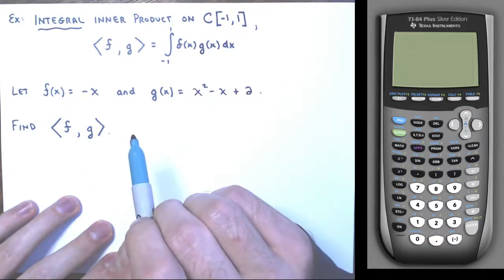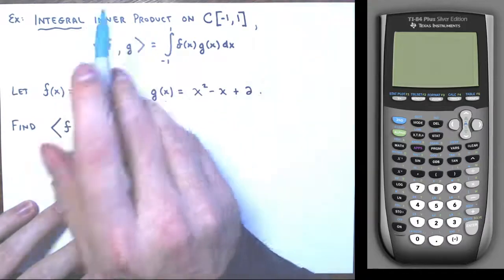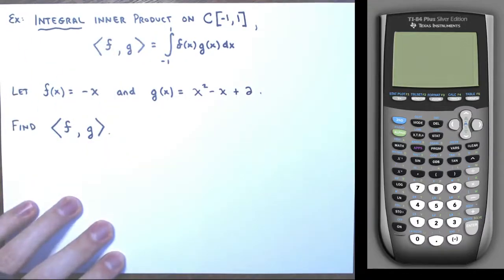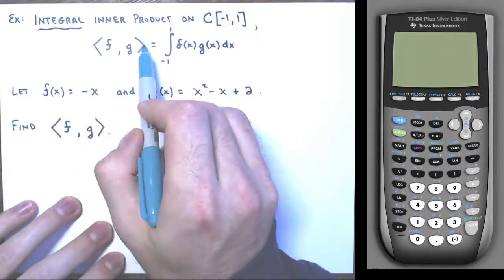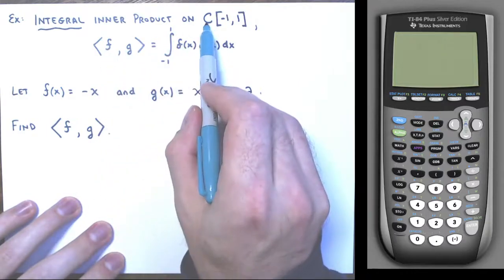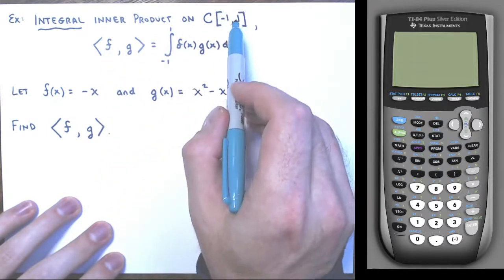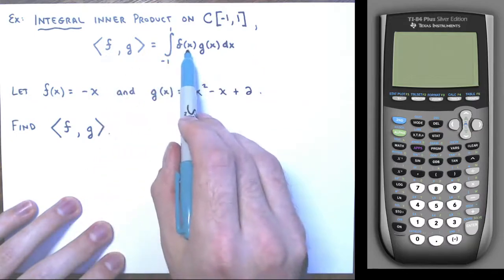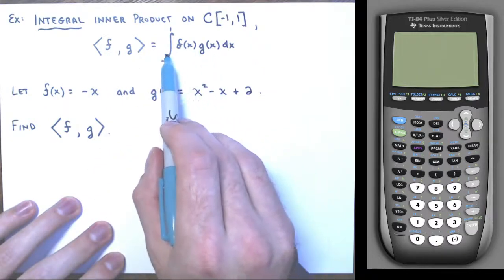All right, and the integral inner product, again, has a similar structure to the dot product. I take the inner product of two continuous functions, f and g, functions that are continuous on the interval from -1 to 1, and I take their product and add them up over that entire interval.